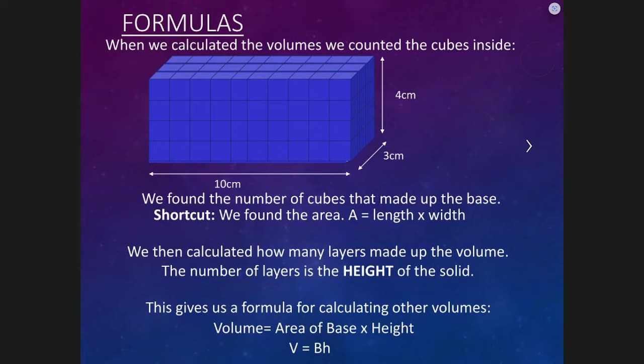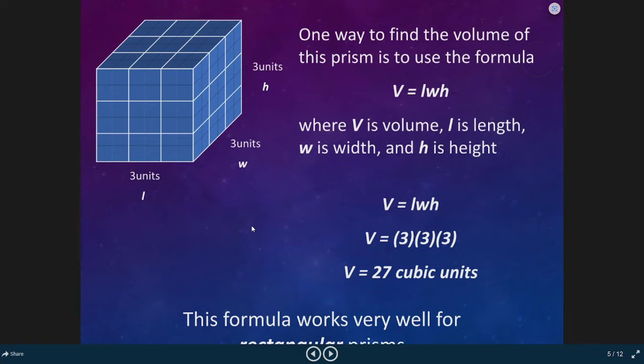The easier way to get the volume is to know the formula. Volume is equal to length times width times height, or area of base times height. This lesson is so easy.